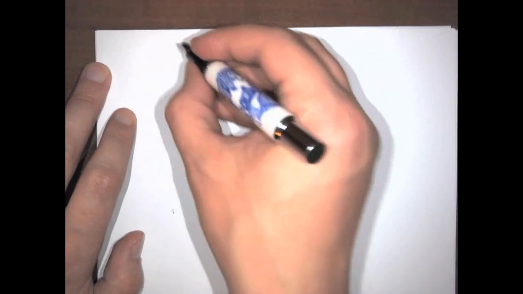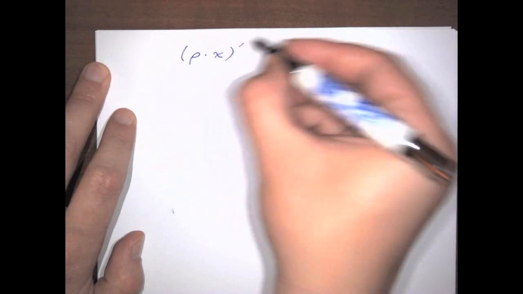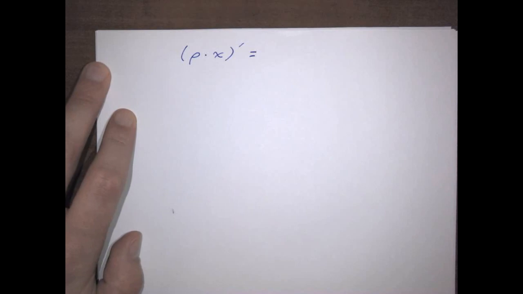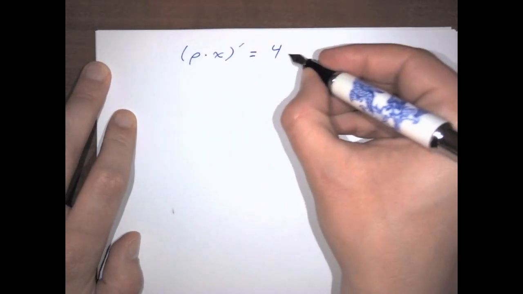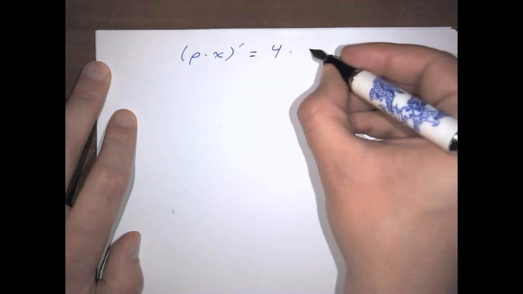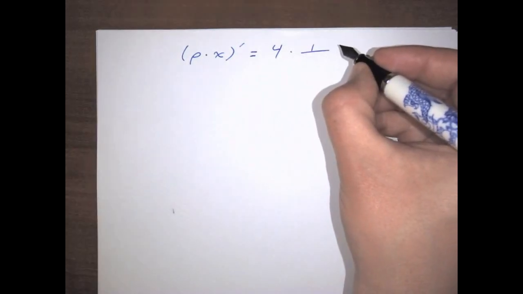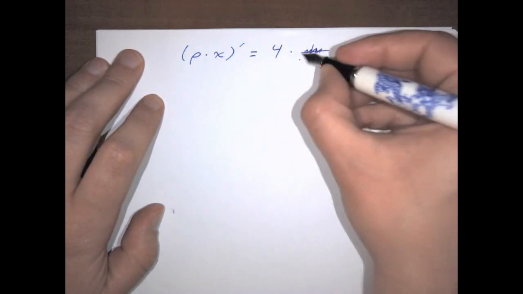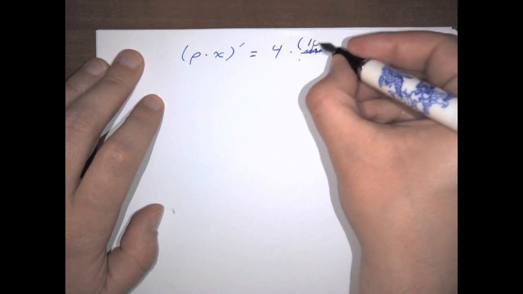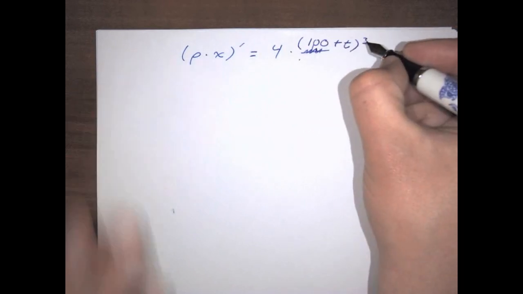And so we're going to have rho times x all prime, so that's me consolidating the left in the form of the product rule, equals 4 times 100 plus t cubed.